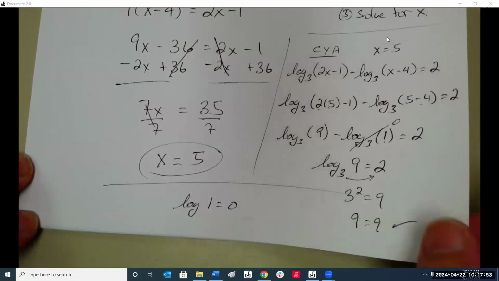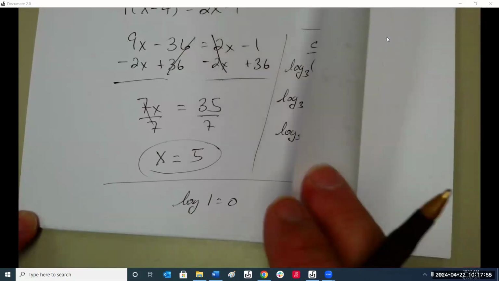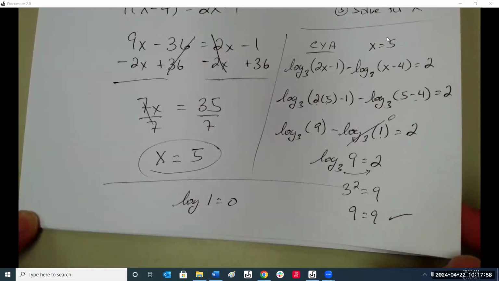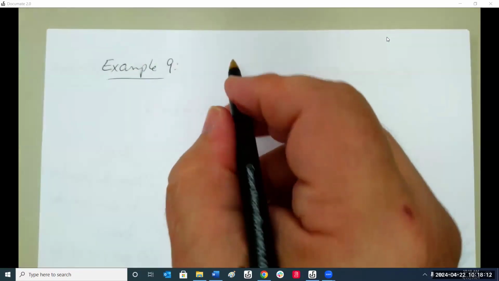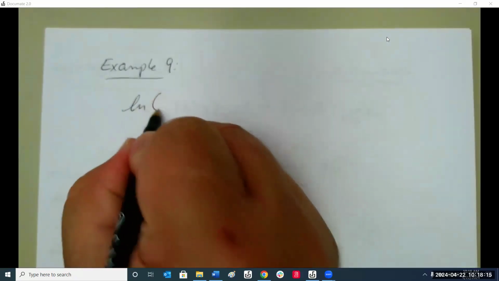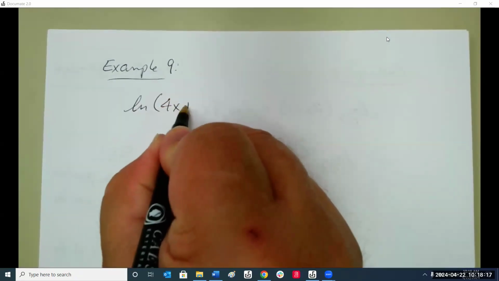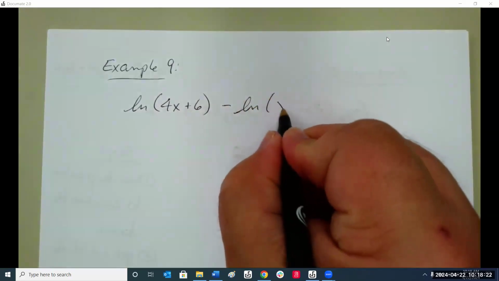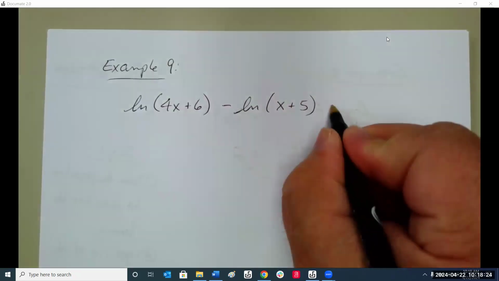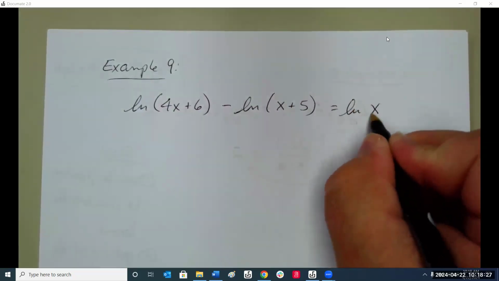And then question number 9, example number 9. We have ln of (4x plus 6) minus ln of (x plus 5) equals ln x.